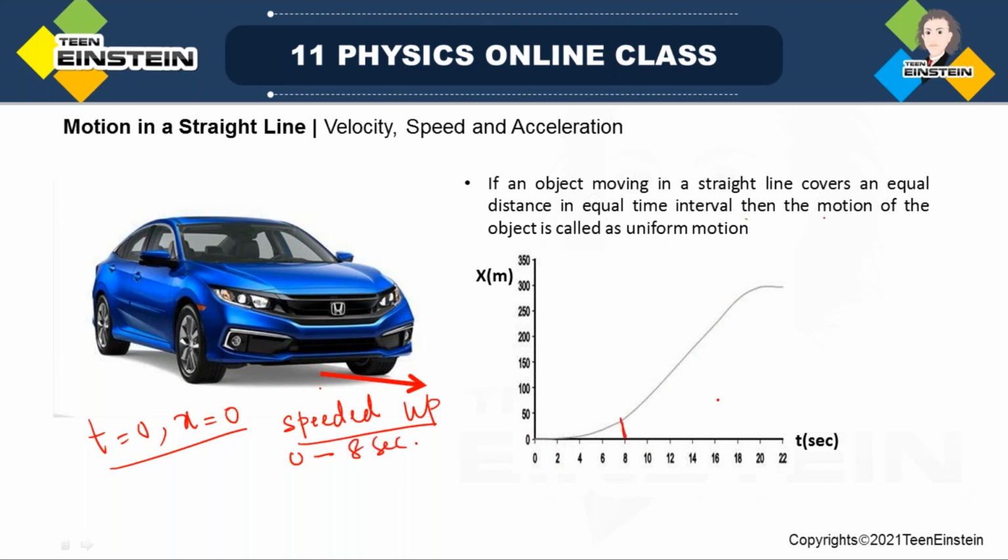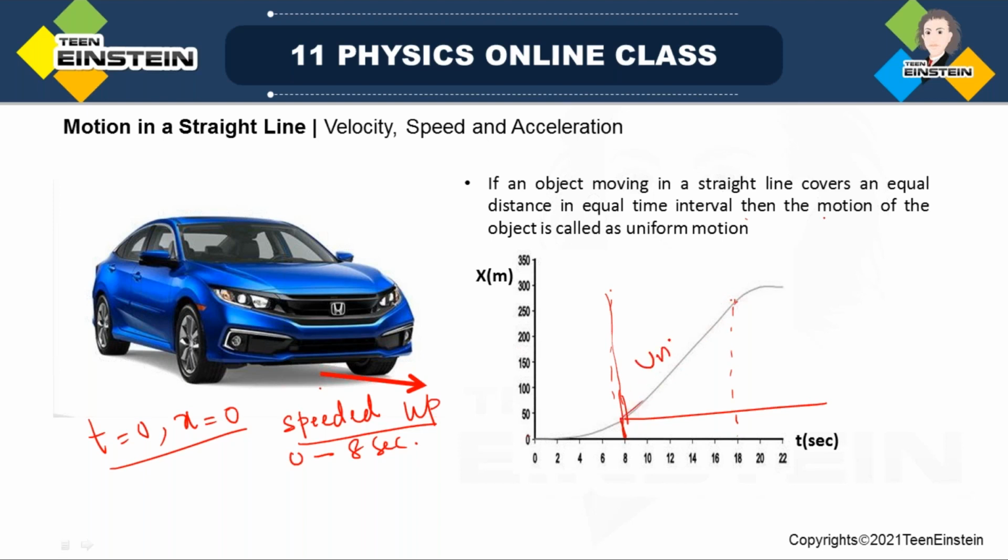Then from 8 to 18, just draw a line over here. Look, if I shift my origin from here to here, this curve is actually going through the origin and it is a straight line.